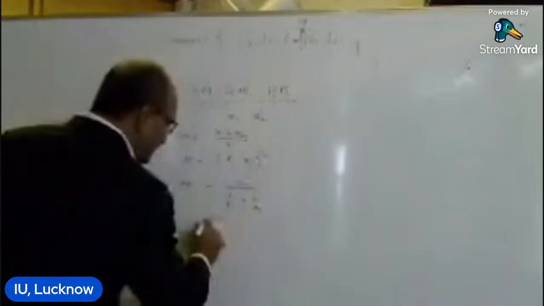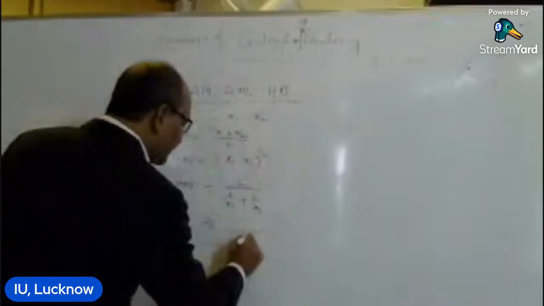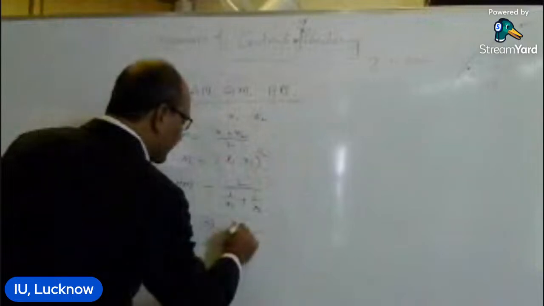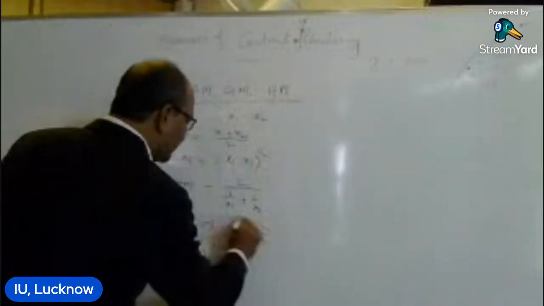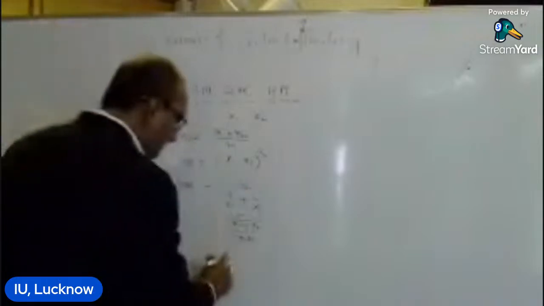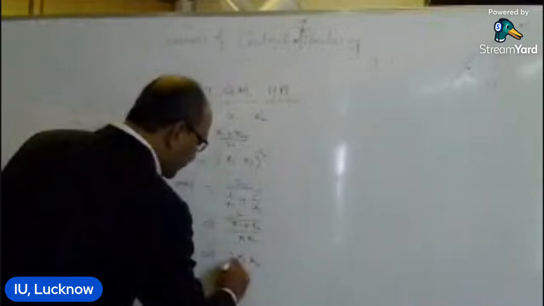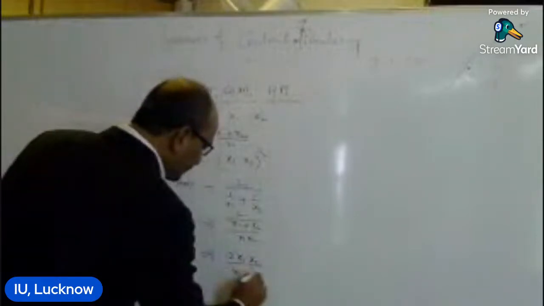Taking the LCM, this can be written as 2 divided by x1 plus x2 over x1 x2, which is 2 into x1 x2 divided by x1 plus x2.